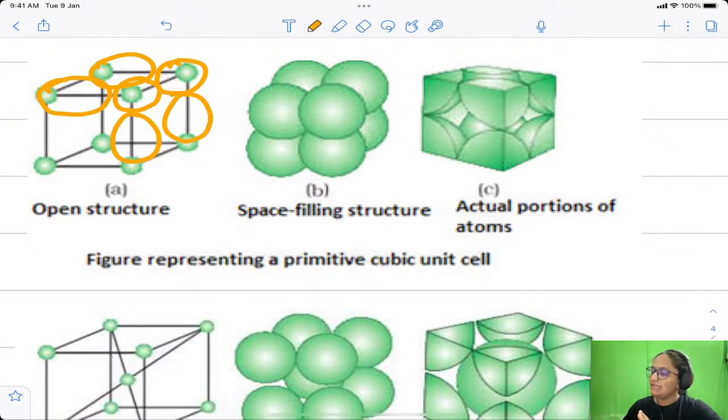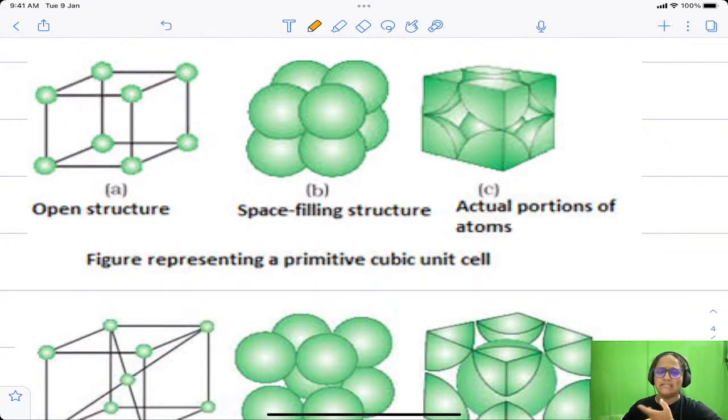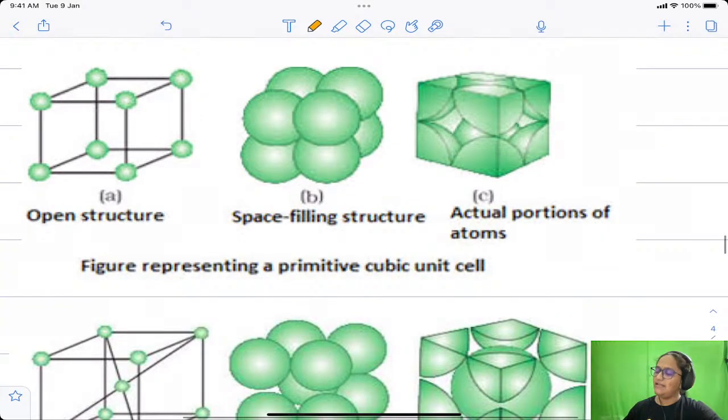So it gives rise to the space filling model. The open structure model is used to explain some other simple things related to the cube, but ideally this is the original structure. All the atoms are attached to each other, just like if you take 8 spherical balls, as a ball is spherical in nature.